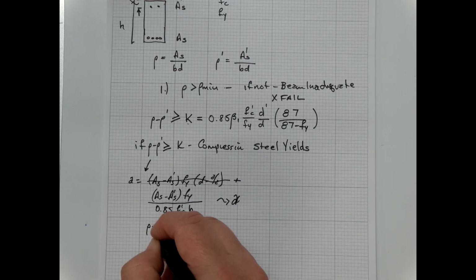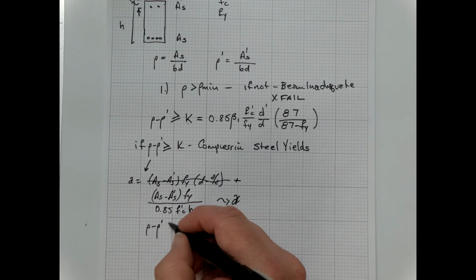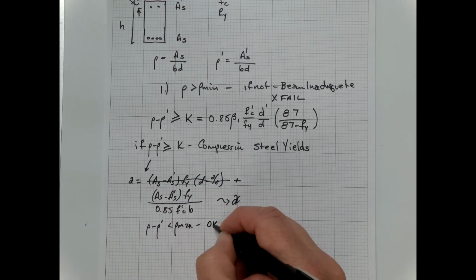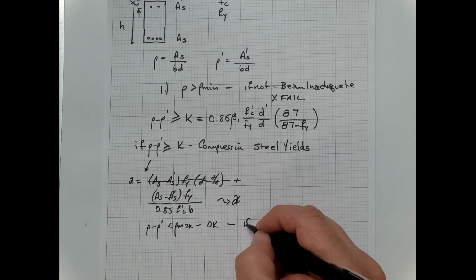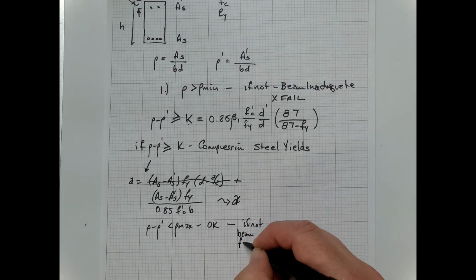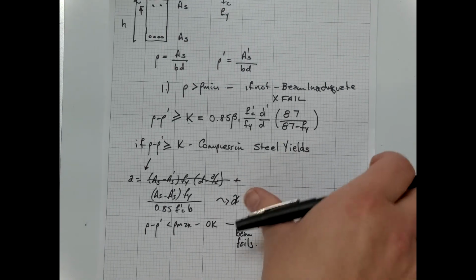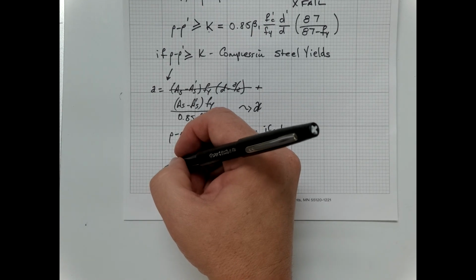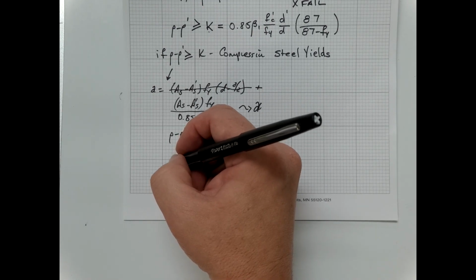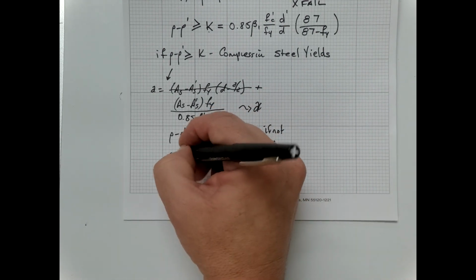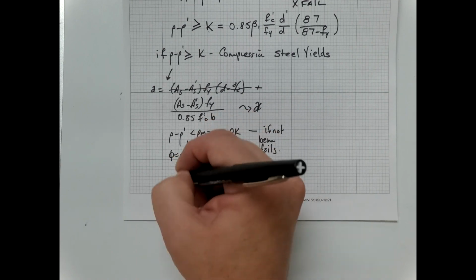We check if rho minus rho prime is less than rho max, then we're okay. If not, the beam fails. It's not in tension control anymore. We compute our moment capacity. If it is true, then phi is equal to 0.9.